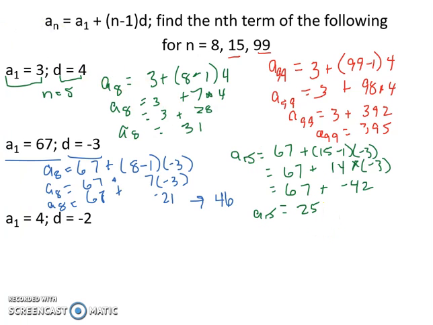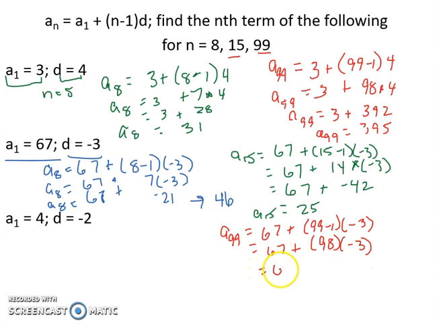Let's take a look at A99. What happens here? A99 equals 67 plus 99 minus 1 times negative 3. I'm really glad I don't have to plug in all 99 terms and calculate each one individually. So this is 98 times negative 3.